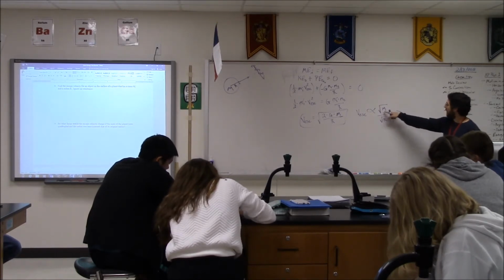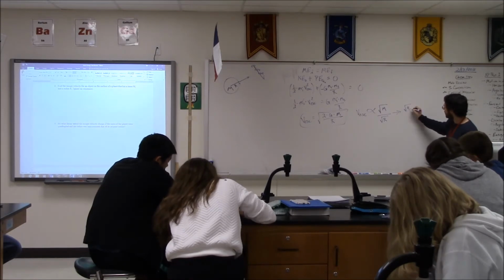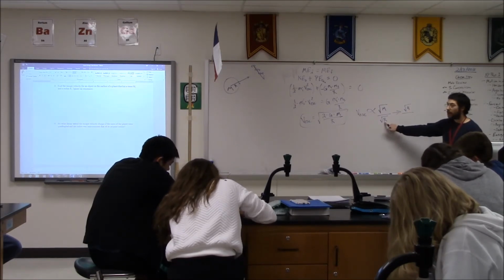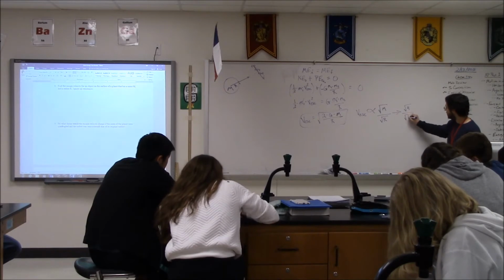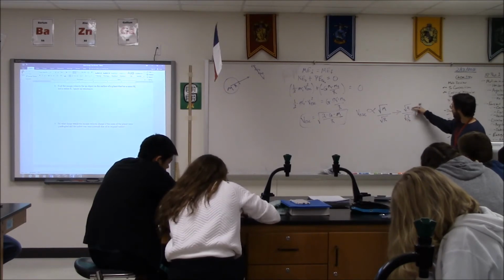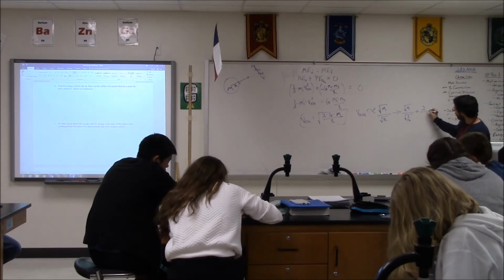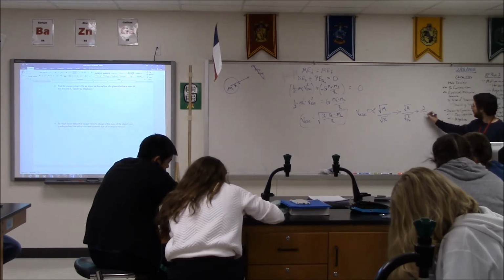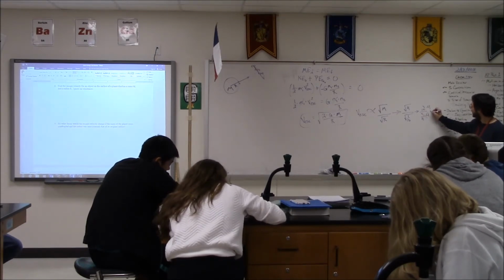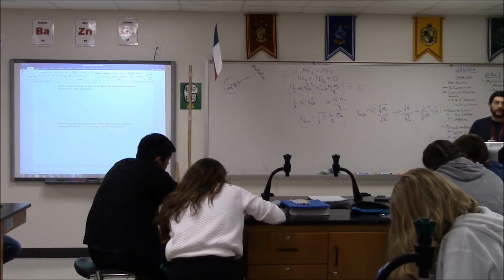M changes by a factor of 4, so that's the square root of 4 over, r changes by a factor of 1/16. The square root of 4 is 2. Anybody know what the square root of 1/16 is? 1/4. Yes. So I can multiply the top and the bottom by 4, which means our factor of change is 8.